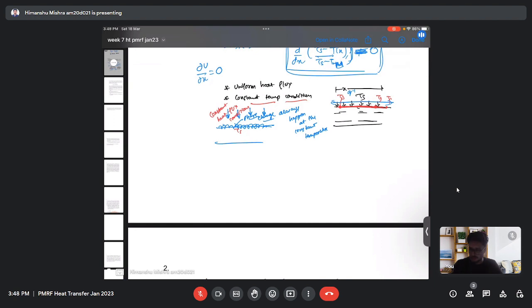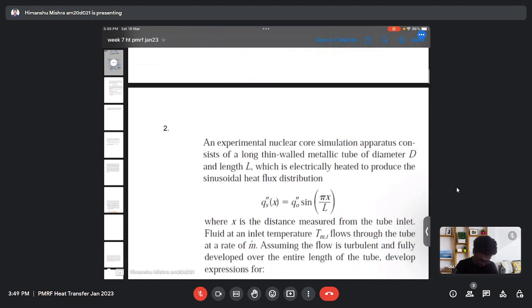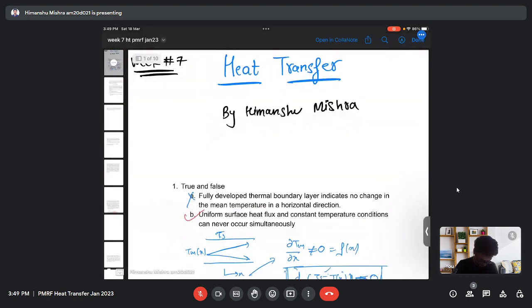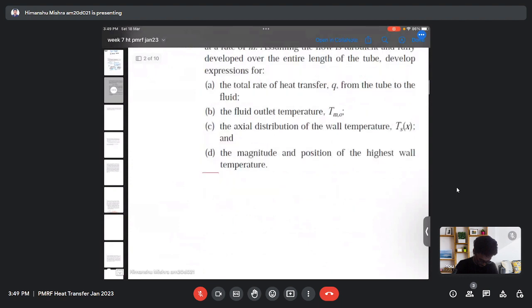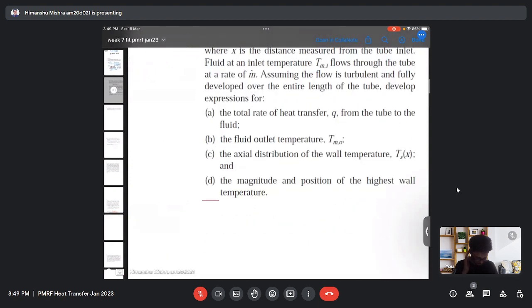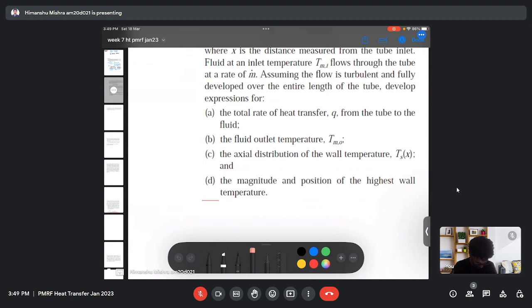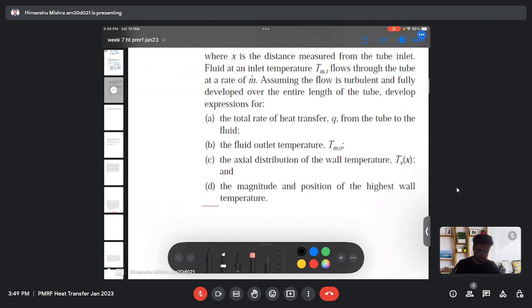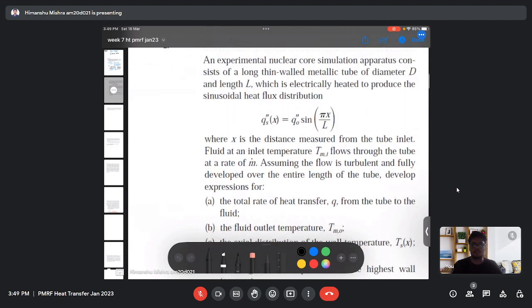So let's move to the next question. An experimental nuclear core simulation apparatus consists of a long thin wall metallic tube of diameter d and length L, which is electrically heated to produce the sinusoidal heat flux distribution, where x is the distance measured from the tube inlet.